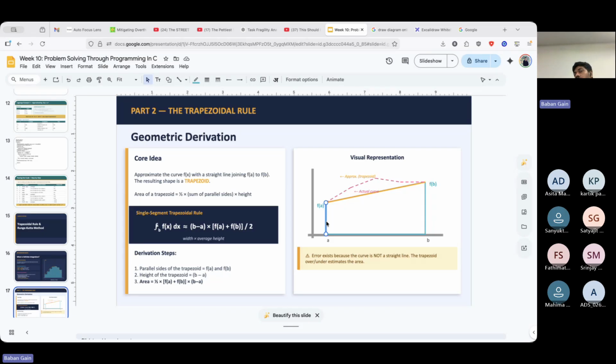Length into breadth, right? But for a trapezium, this is the rule: you have to take this into this plus this, divided by 2. So this is the average of these two multiplied by this.